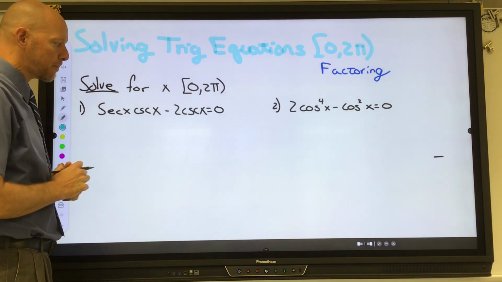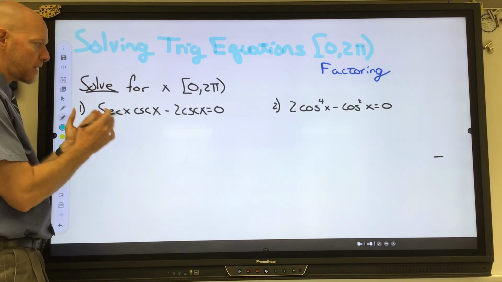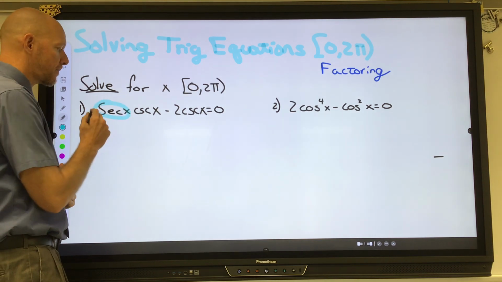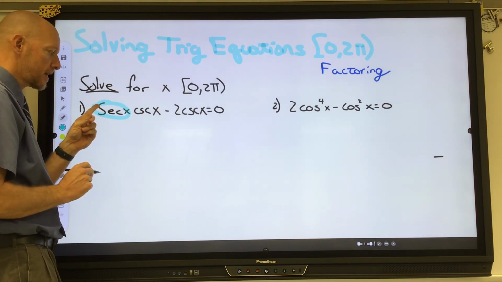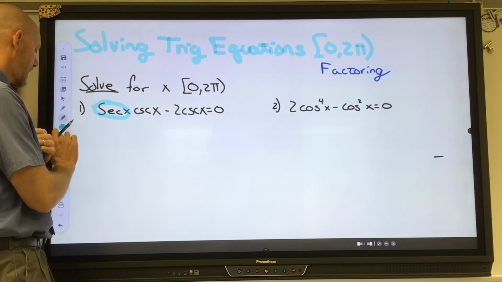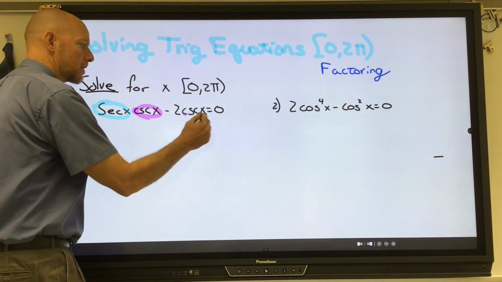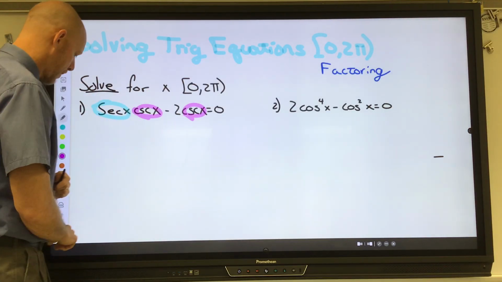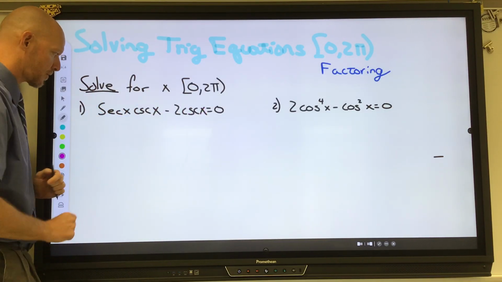In this first example, I want to see what tells me that I'm going to factor. What I see in this case is that I have two different trig functions, secant and cosecant. That's usually a red flag that I'm going to be using a factoring strategy.